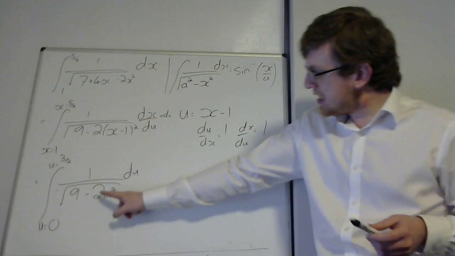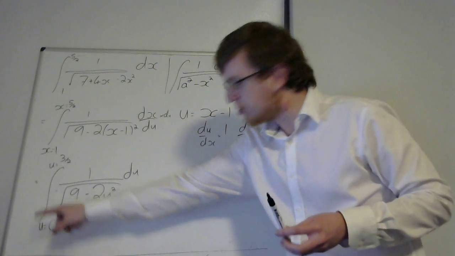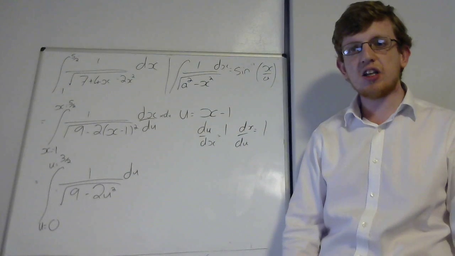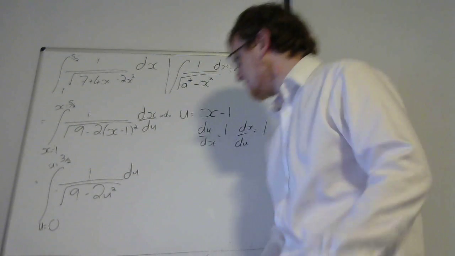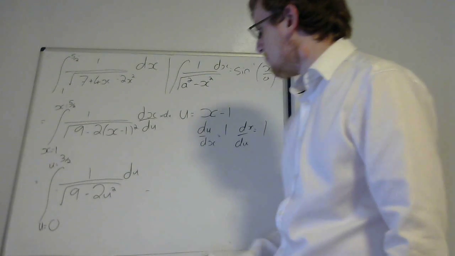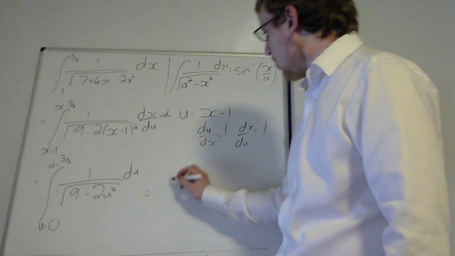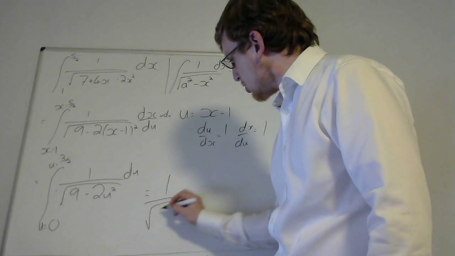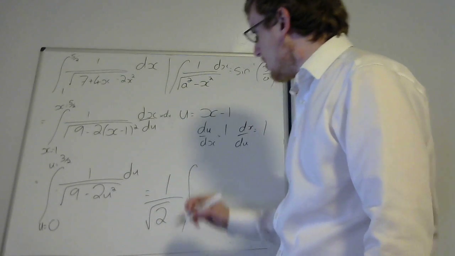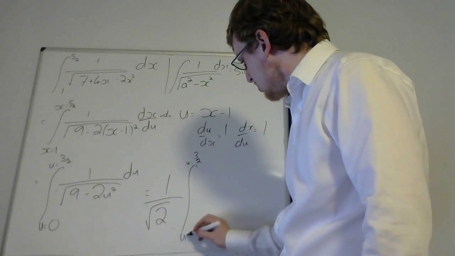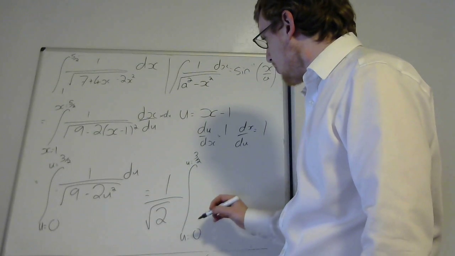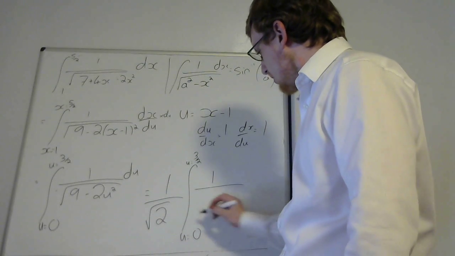Like I said, we need to factorise this 2 out of the square root. That's going to give us a square root of 2 as a factor. And I'm going to write that outside of my integral. So I've now got 1 over the square root of 2 times the integral between u equals 3 over 2 and u equals 0 of 1 over the square root.